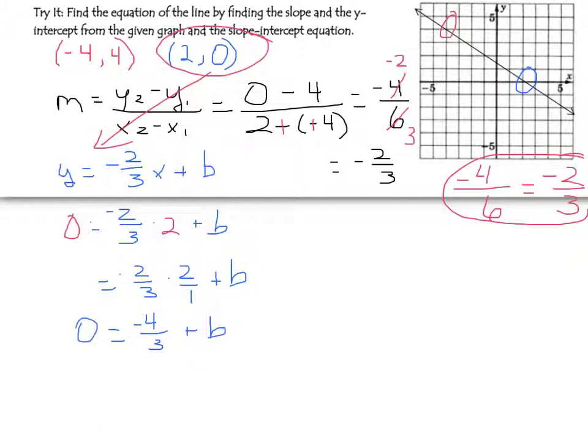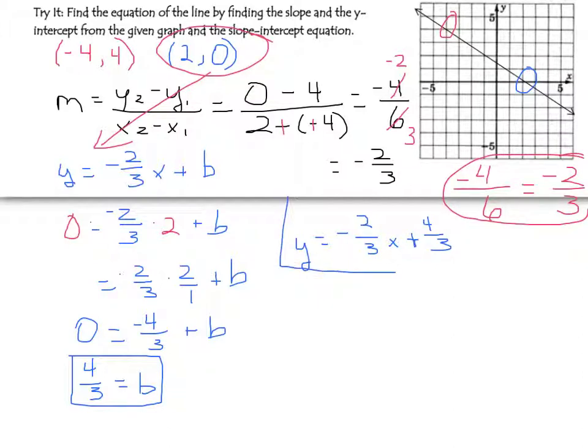Now if we add 4/3 to both sides, we find out that 4/3 is equal to b, or b equals 4/3. So now we can write our final equation, y equals negative 2/3 x plus 4/3. Okay, and that's the equation we are looking for.